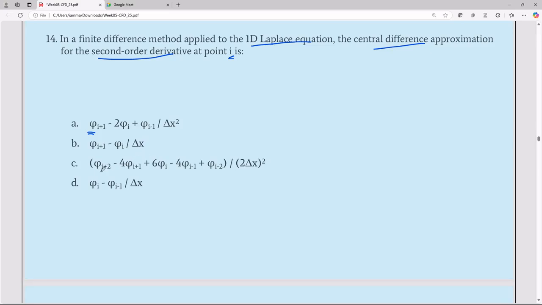Option C, phi at I plus 2 minus 4 times phi at I plus 1 plus 6 times phi at I minus 4 times phi at I minus 1 plus phi at I minus 2, the whole divided by delta x square. Option D, phi at I minus phi at I minus 1 divided by delta x. So the question is which among the following is the second order derivative at the point I for the one-dimensional Laplace equation? You can inbox your answers.